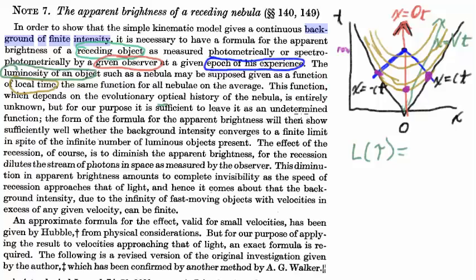But it is sufficient to leave it as an undetermined function. The form of the formula for the apparent brightness. Okay, so this is luminosity absolute, and then the luminosity apparent.